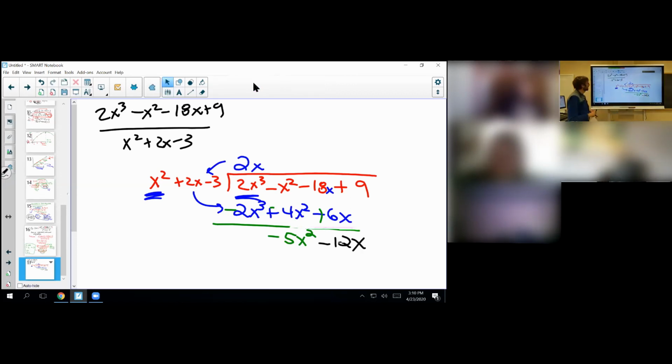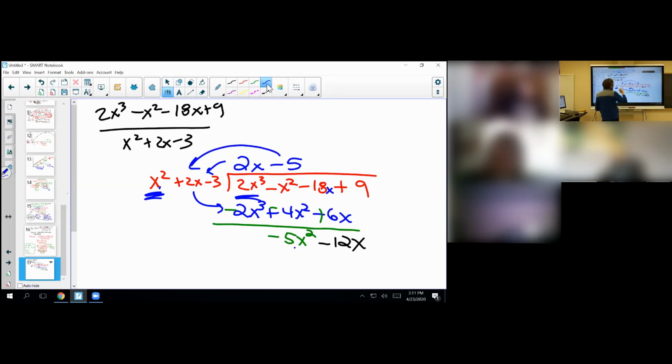Sometimes I like to do that, but that's fine. But I'm not quite done yet, so I need to keep going. X goes into negative 5x squared negative 5 times.